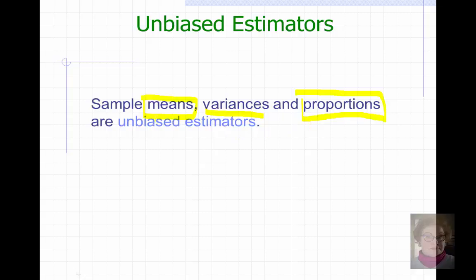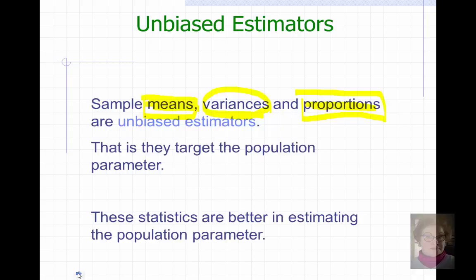And so we are going to be focusing in this course on dealing with sample means and sample proportions. We're not going to deal so much with variances, but they're out there. If you need to do it, you'll be able to. But we're not going to focus on those much.